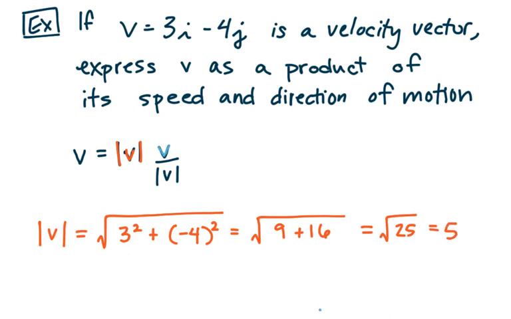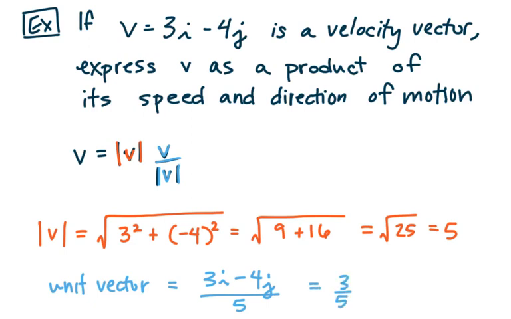And my unit vector is that vector divided by its magnitude, right? The unit vector. So that would be 3i minus 4j divided by the magnitude, which we just found is 5. So my unit vector is 3/5 i minus 4/5 j.